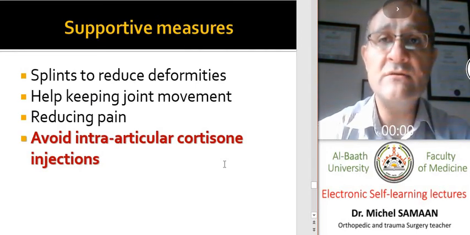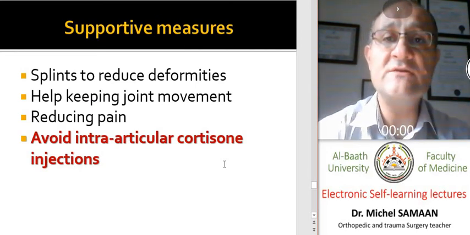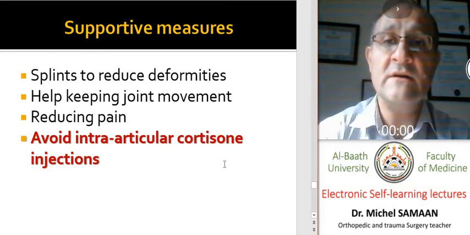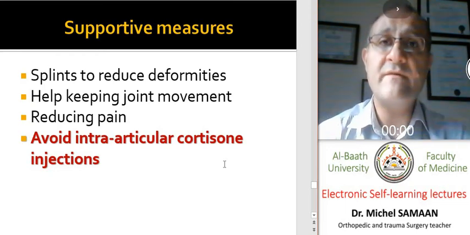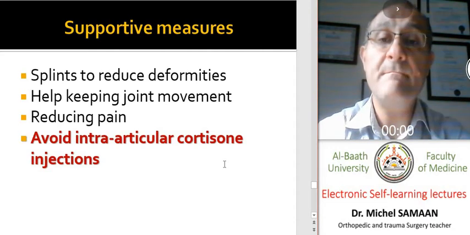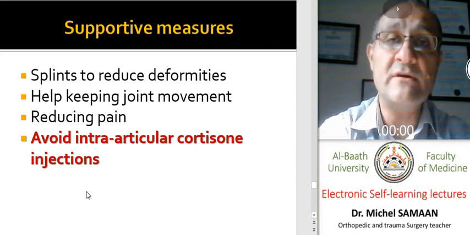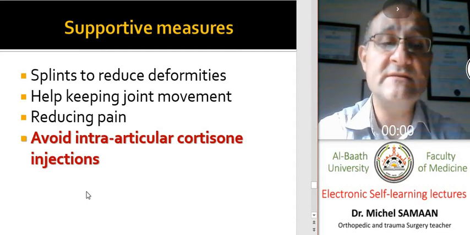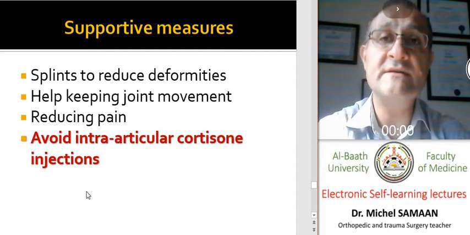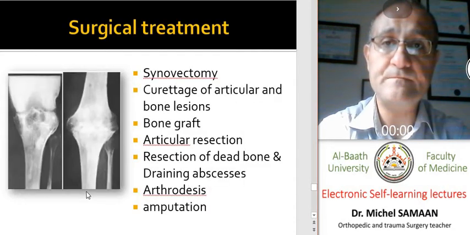As with any infection, supportive measures such as splints are used to reduce deformity, along with some physiotherapy and measures to reduce pain. But we should always avoid intra-articular cortisone injection because it decreases the immunity of the patient and increases the infection of the joint.